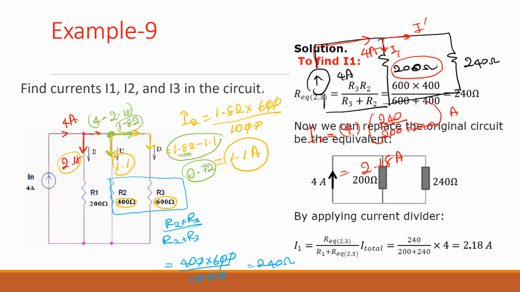So you can see the current supply is 4 amps and it is split between three resistors in a way that I1 is 2.18, I2 is 1.1, and I3 is 0.72. If you have done it right, when you add all together, you should have 4. Yes, we have 4. So that is correct.